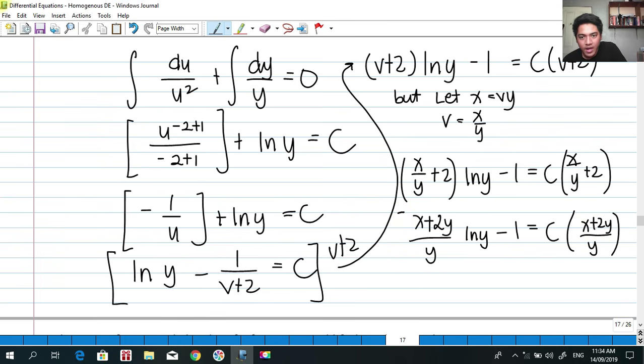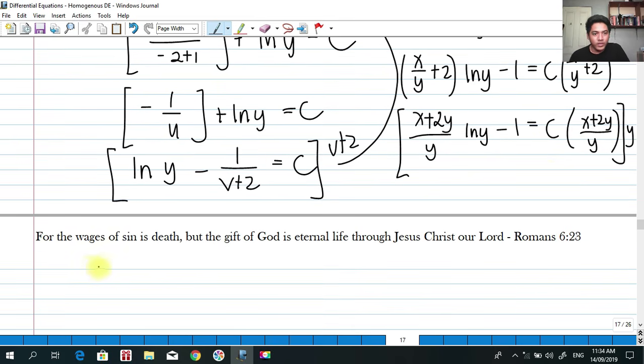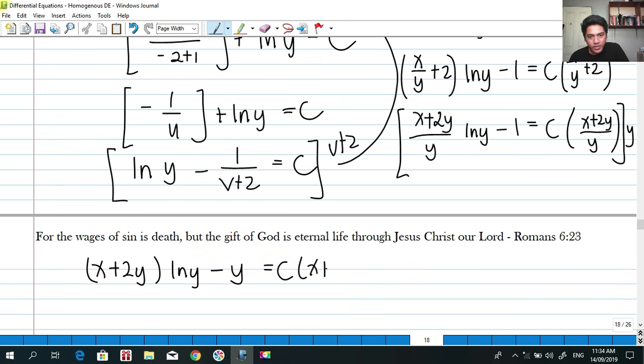If we multiply both sides of our equation by y, what will happen? The y's will cancel. We have x plus 2y, ln of y minus, of course, y is equal to c times x plus 2y.